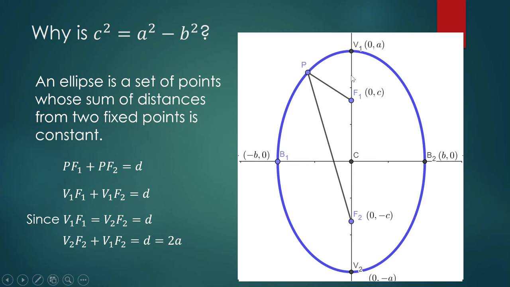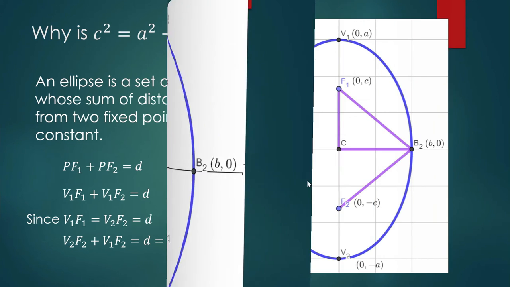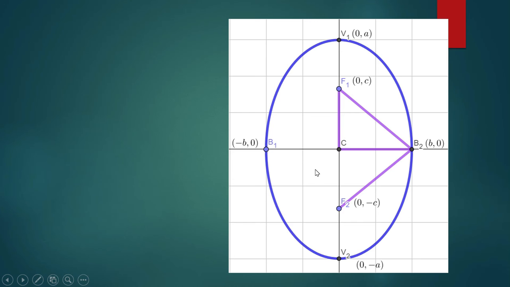So in effect, your d here is 2a, the length of your major axis. Now that is quite a revelation, because what this means is that if you pick any point on your ellipse, the combined sum of its distances from the two fixed points is equal to the length of your major axis.